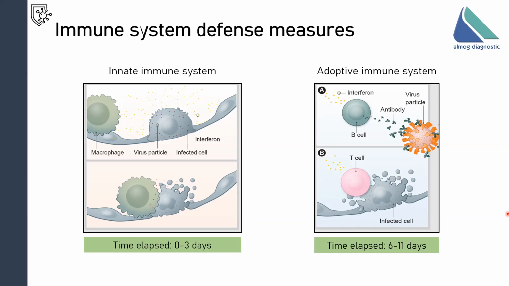Now, the adaptive immune system. The interferon also alerts B cells. They produce neutralizing antibodies that might recognize part of the spike protein and bind to it. And this is preventing the spike from grabbing onto a lung cell or any other host cell.